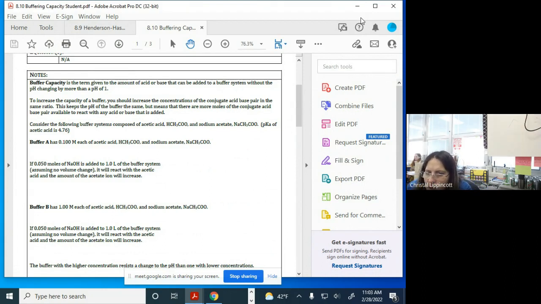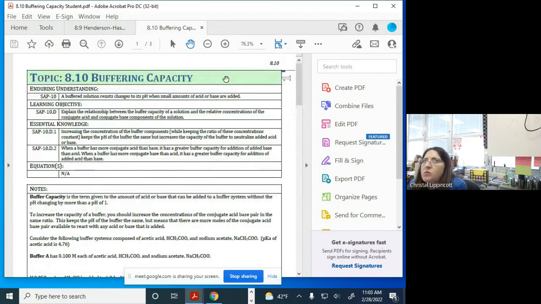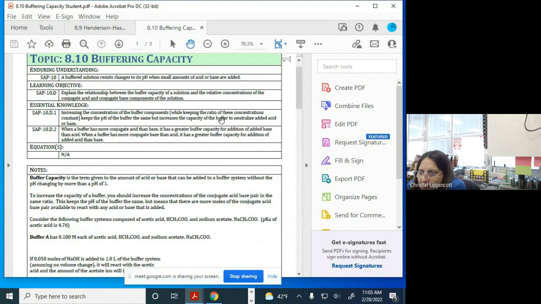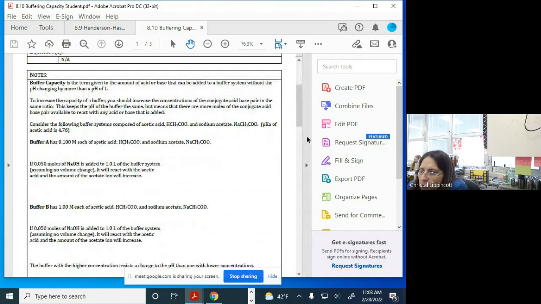All right. The next section, this is our last section for this unit, deals with what's called buffering capacity. Like I was saying, when you're doing your titrations, you end up with that period where you start up and then almost level off before you take off again and then level off again.